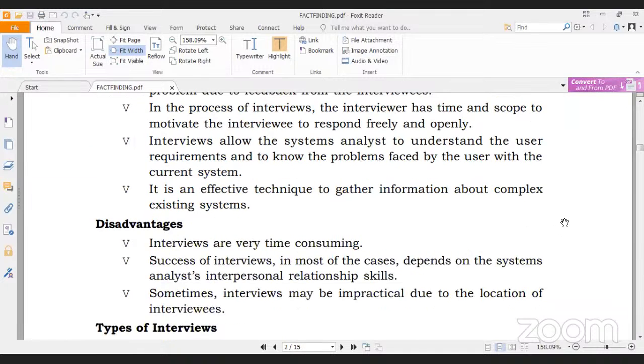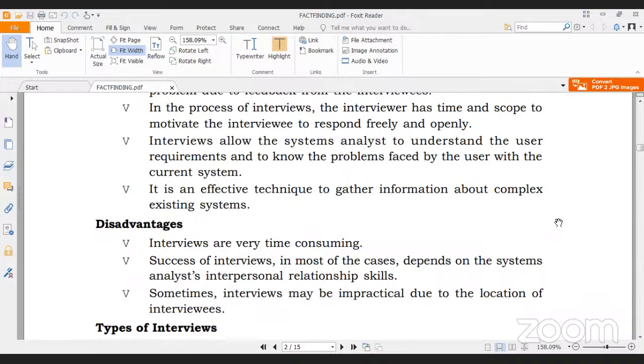There are different disadvantages, as I told, because interview is not always the best fact-finding technique, because interviews are very time-consuming, because you have to arrange the place and ask them to come to the meeting place. And the success of interviews depends on the systems analyst's interpersonal relationship skills.